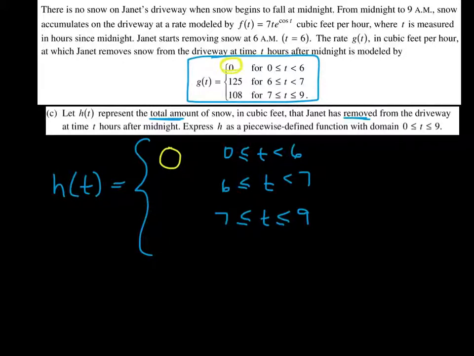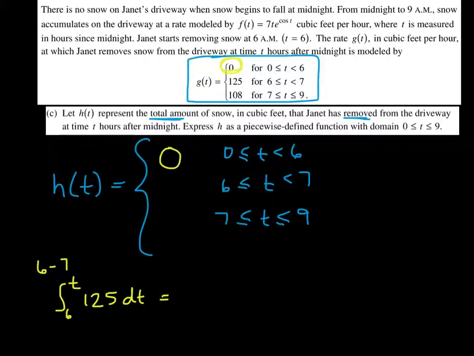So if I want to find the total amount that she's removed, okay, I'm going to kind of do my work off to the side over here. So from 6 to 7 hours, well, what would that be? Well, I would do the integral from 6 to t of the rate, which is 125 dt. Okay, and so to evaluate that, I'm just going to go ahead and calculate the integral.